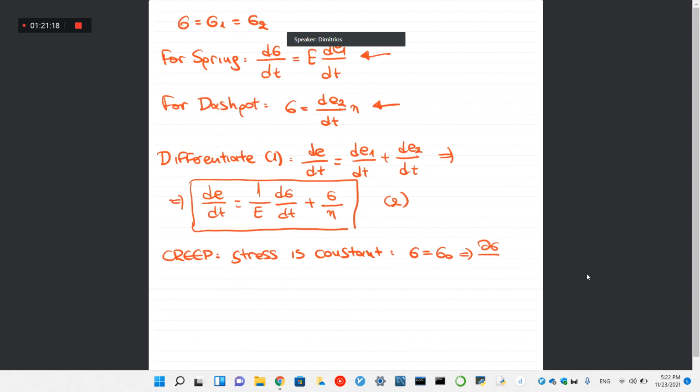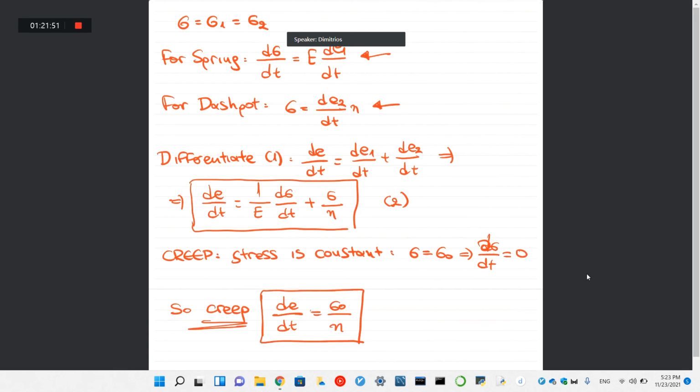Okay. So for creep, the Maxwell model essentially expects a dependency of de over dt equal to sigma 0 over eta. Okay, that is the equation that, according to Maxwell, creep is expected to be represented by.